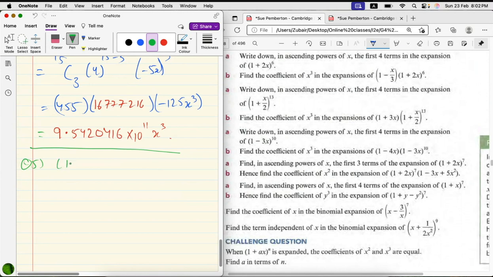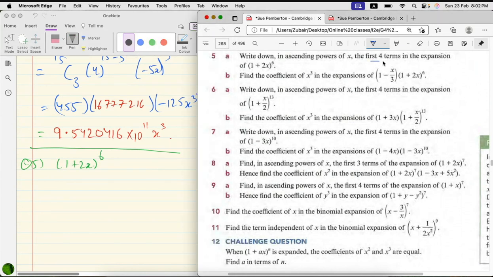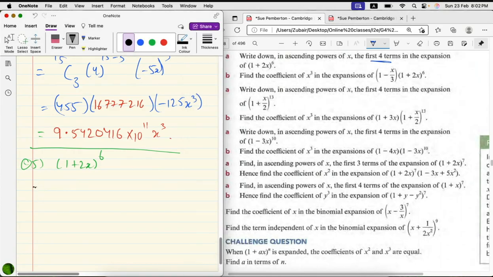It says 1 plus 2x raised to power 6, and we need the first four terms. So first term plus 6C1 2x raised to power 1, 6C2 2x raised to power 2, 6C3 2x raised to power 3.